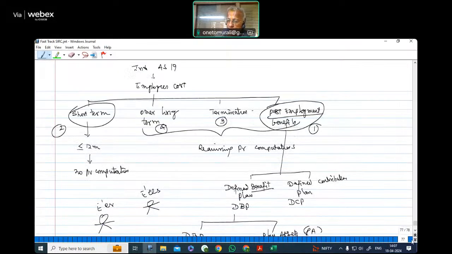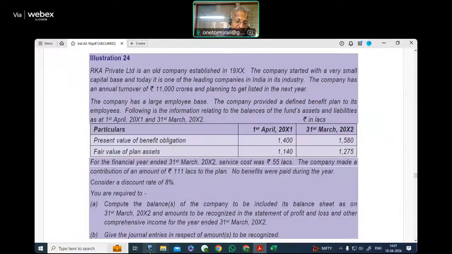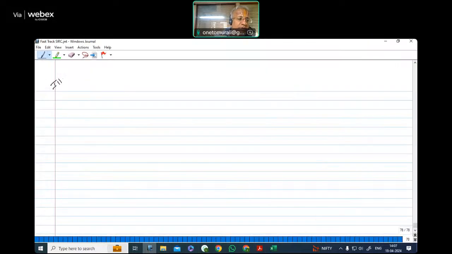Now let us look into what exactly we are expected to do. By solving illustration number 24, we should be in a position to give a fair representation. When time permits, we will give representation to other areas too.